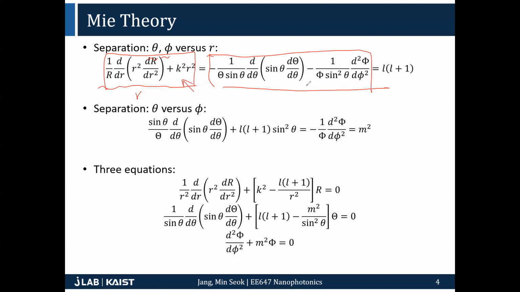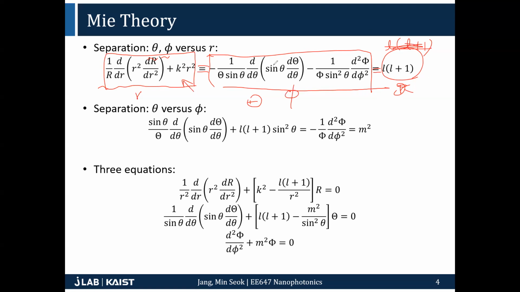And the right side, we only have theta and phi dependence, right? So these are equal, and then we set this value to be L plus 1. Why L plus 1? Why not just some number like K? Because that's convenient if you follow this process. So let's just do it like L plus 1.